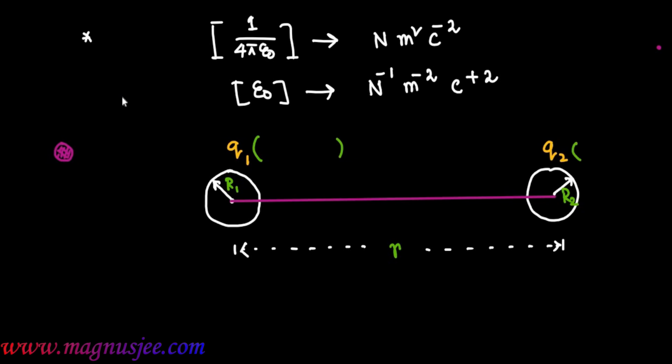We can assume that these two charges are spherical in shape, and r is the distance between the centers of these two charges.